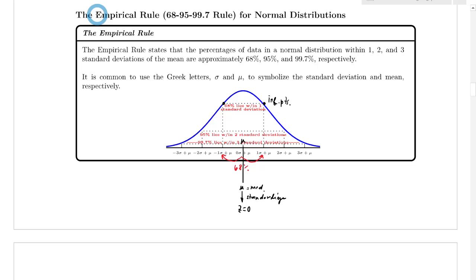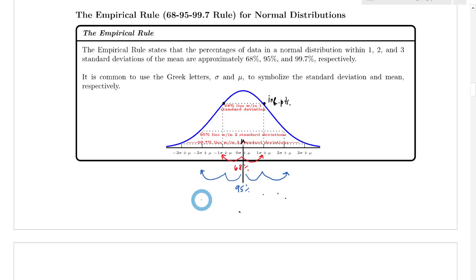Well, then what if I took the mean and added and subtracted 2 standard deviations from my mean? Well, that tells me that 95% of my data lies between these two values, whatever that is.